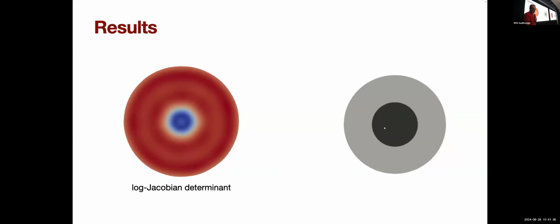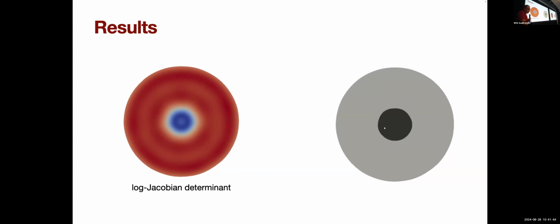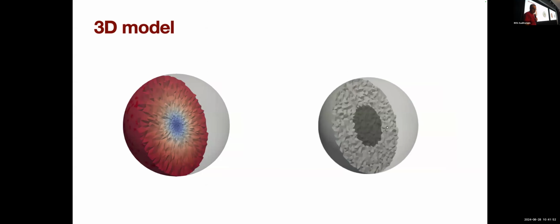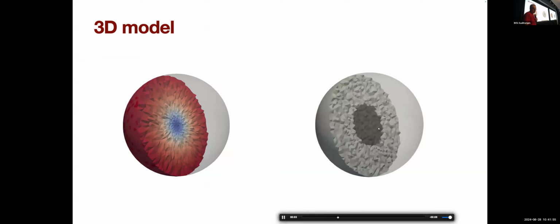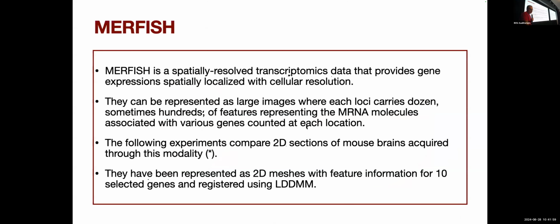So this is the transformation of the template that you find, which acts by reducing the size of the inner circle and increasing the size of the outer circle. You can do it in 3D. It's just to show that the method scales to an extent.